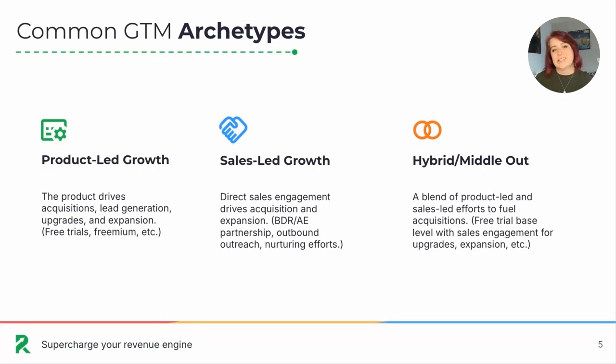In the second, sales-led growth, SLG, this is a more traditional model of direct sales engagements where sales is driving acquisitions and expansion. It's really common for high ACV complex enterprise businesses where acquisition is driven by BDR and AE partnerships with outbound outreach and nurturing efforts.